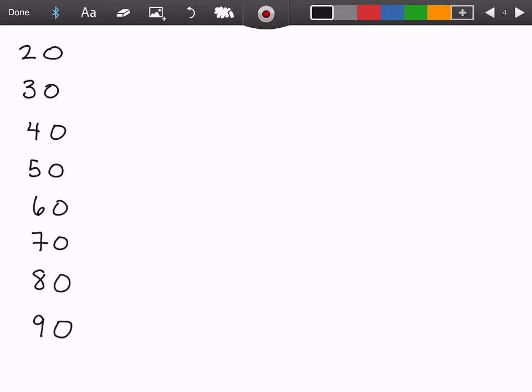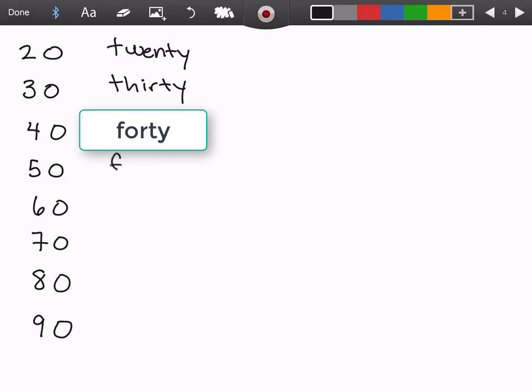Writing these out in words, we get 20, 30, 40, 50, 60, 70, 80, 90.